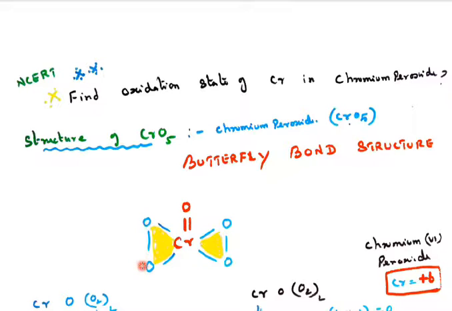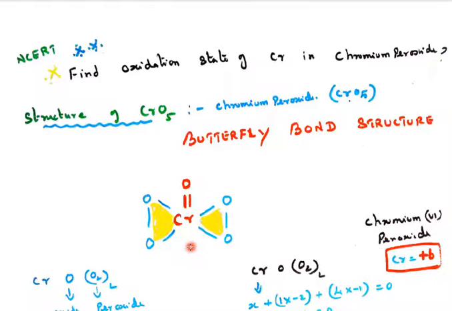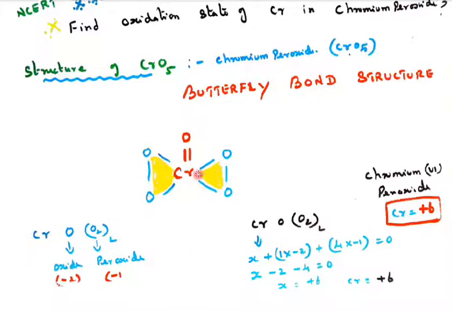This is minus 1, this is minus 1, this is minus 1, this is minus 1, so 4 minus. Then this is minus 2. So minus 2, minus 1, minus 1, minus 1, minus 1, totally minus 6. Then it becomes plus 6 as the oxidation state. This is the way of calculating the oxidation state of peroxides.